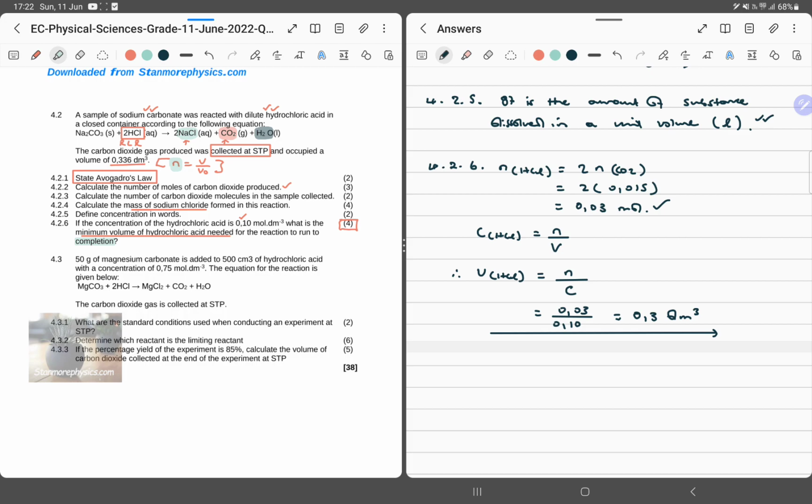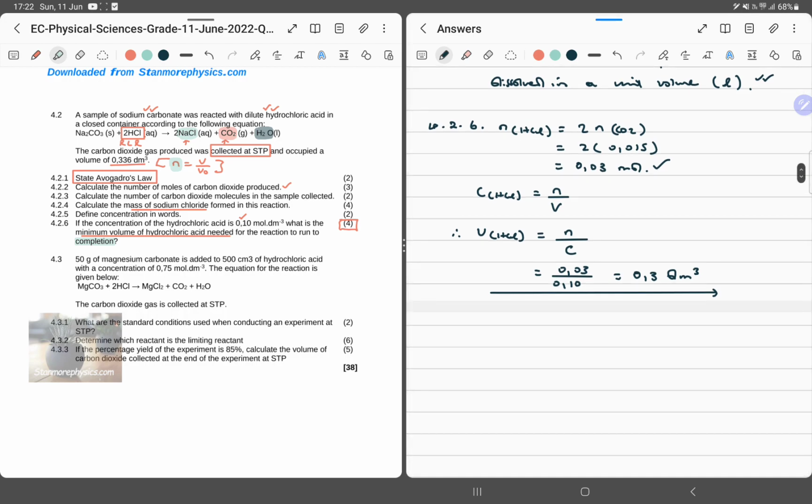And when it finishes, then there's nothing left. Is it not so? It is so. And then we've got a mark for the formula, a mark for the substitution, and an answer. So that's how we get our 4 marks. Or, because this is pretty easy and it's all given, we may not get a mark for the substitution here. Perhaps the mark is in there. I don't know. You decide where those marks are.